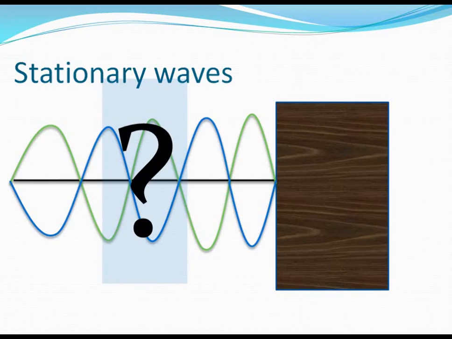How will both these waves interact? What will be the equation of the final wave created by the interaction between the incident wave and the reflected wave? An interesting kind of wave is obtained when you add the displacement of the medium particle caused by the incident wave to the displacement of the medium particle caused by the reflected wave. The special type of wave that can depict the resultant of both these waves is called a stationary wave. Let's find out what a stationary wave looks like.